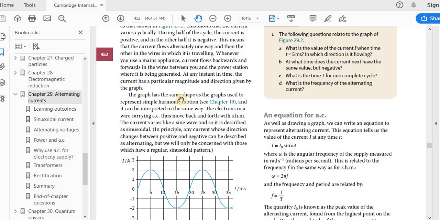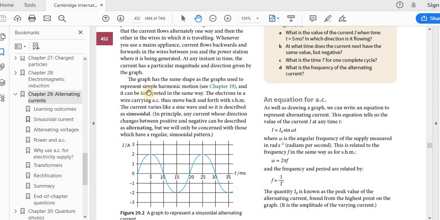Alright, the graph has the same shape as the graphs used to represent simple harmonic motion. We already learned simple harmonic motion, it was chapter 19, and it can be interpreted in the same way. The electrons in a wire carrying alternating current thus move back and forth with simple harmonic motion.